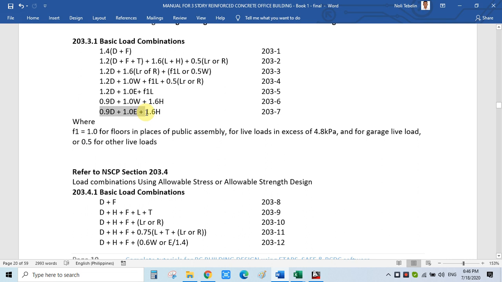So, yung 0.9 dead, ima-minus natin yung vertical effect of the earthquake. So, ang mangyayari, balikan ko yung Excel, ang mangyayari dyan, instead of using equation 203-7 from NSCP, gagamitin natin itong 203-20.